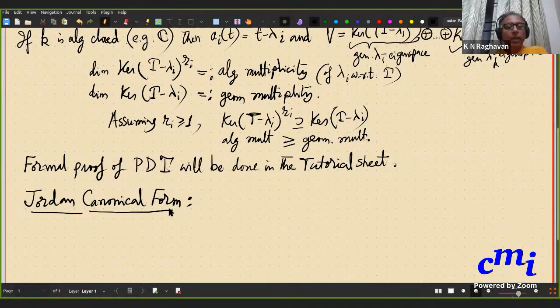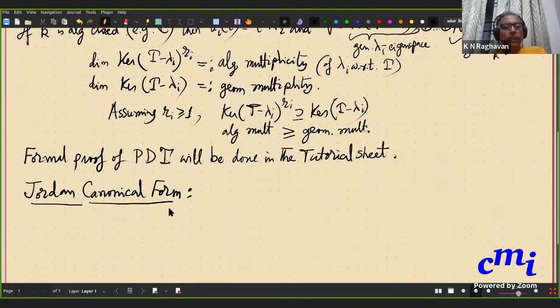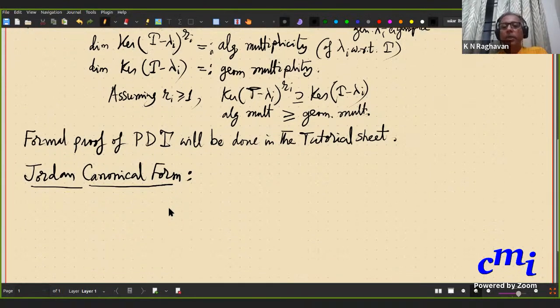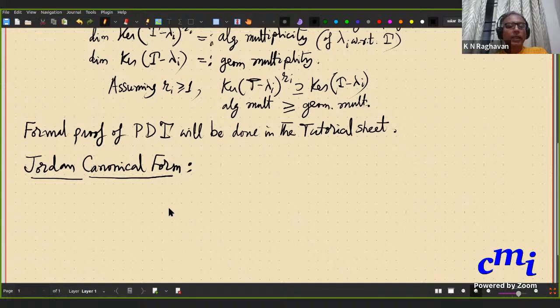Can somebody say what the point of Jordan canonical form is? I think I explained some of it in the beginning of lecture 2. But can somebody recall what the idea of Jordan canonical forms is? I'd explained what form means, etc. So what is the idea here?